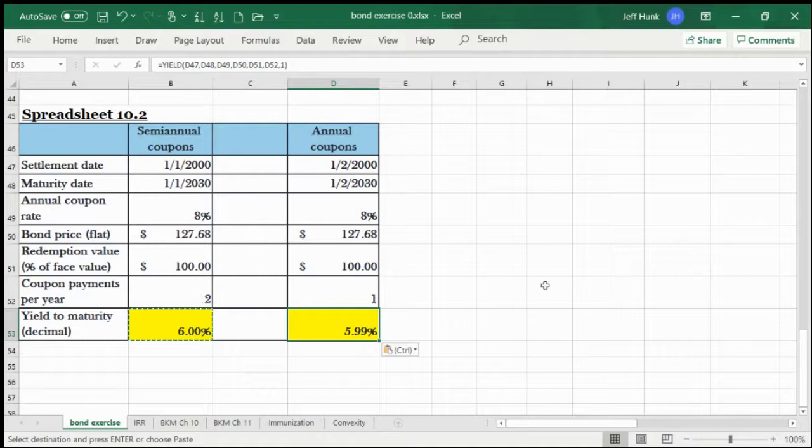And you understand why there's a slight difference, because the higher the compounding frequency, the greater the future value.